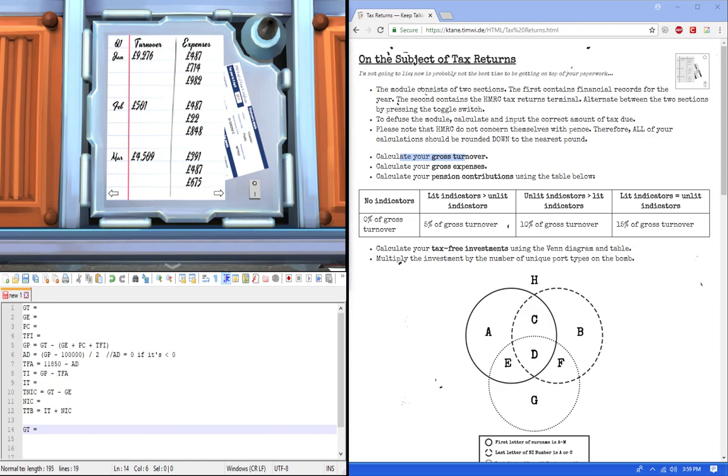I'm going to take this, drop it in there. All right. So our gross turnover is going to be 98,807. So all you have to do is really take the sum of all that, and you should get it.